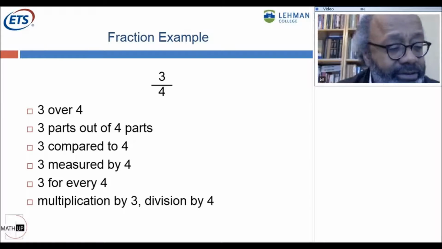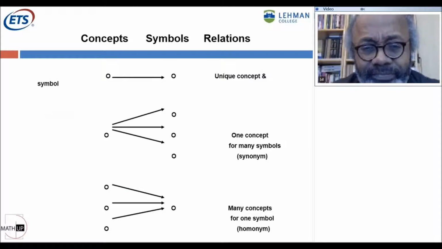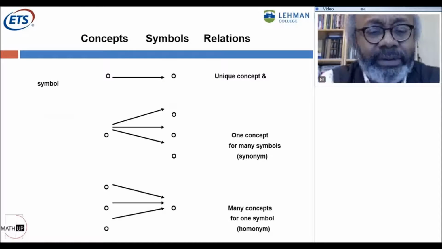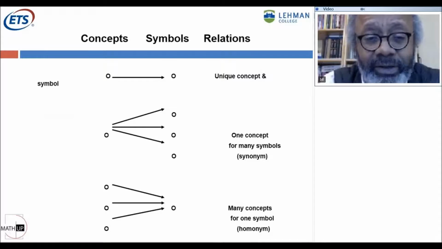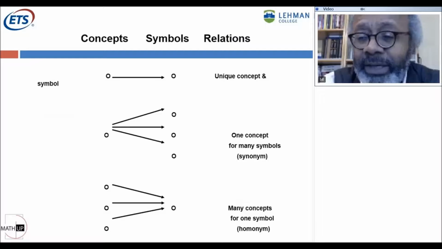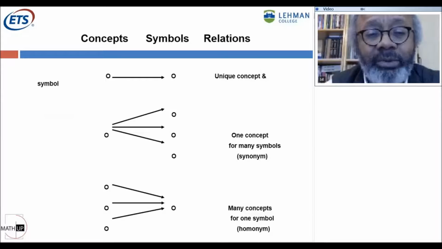And this arises because of, I guess you could say, what is both the strength and the weakness of symbols in mathematics. It would be very nice and very easy if there was a one-to-one concept between concepts and symbols.